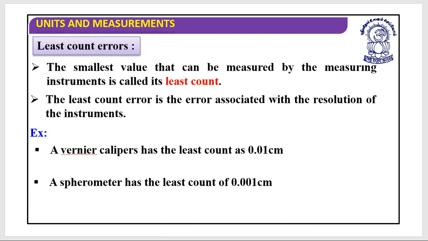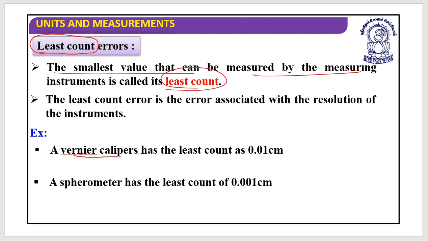So, let's move to the least count errors. Now, what is the least count first? We can consider that it is the smallest value that can be measured using an instrument, which we call the least count.